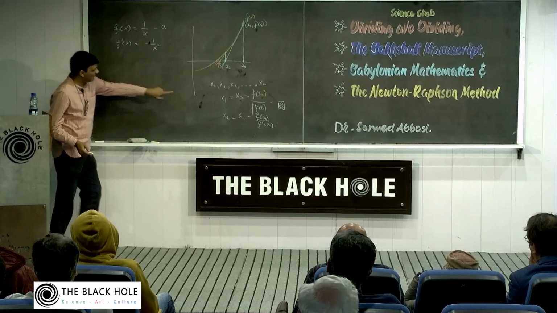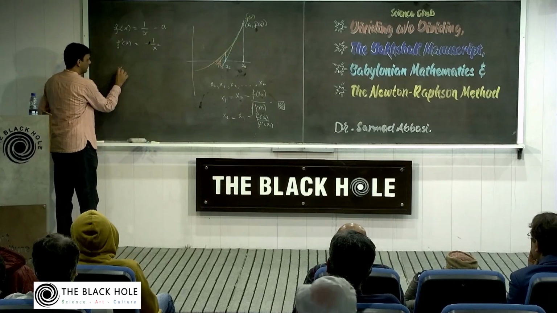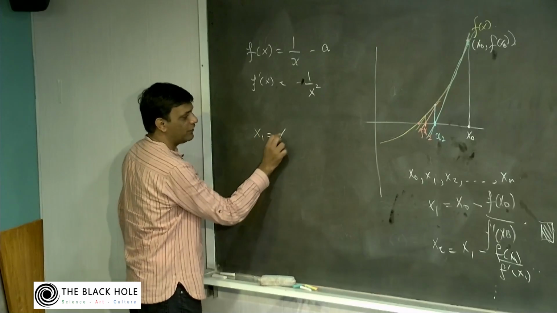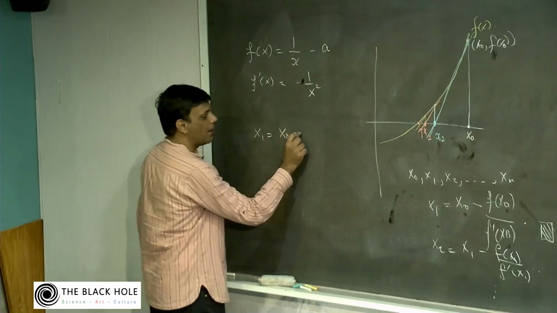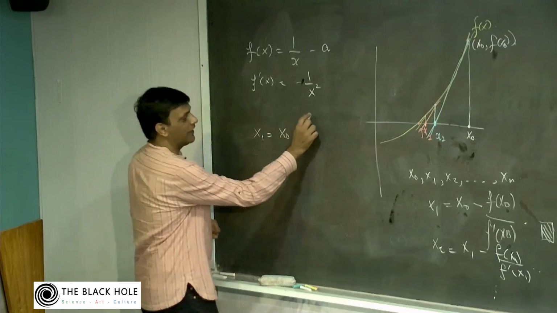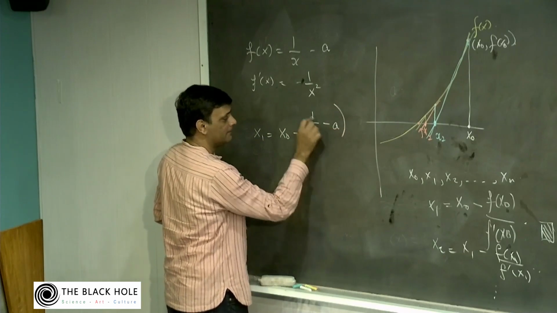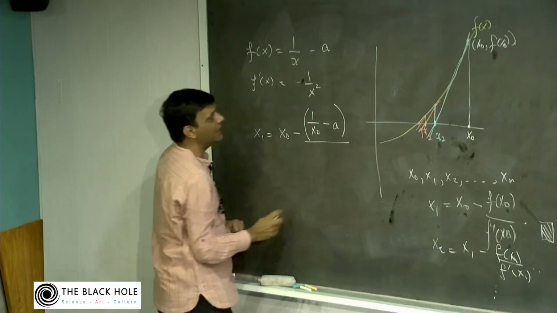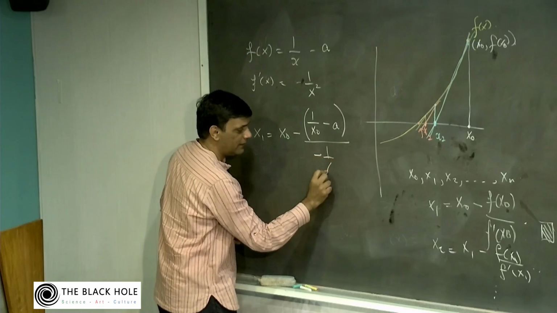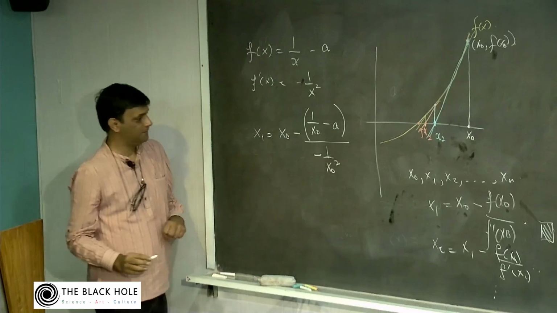Now let's apply it. So x1 is going to be x0 minus f of x0, that is 1 over x0 minus a, divided by minus 1 over x0 squared.